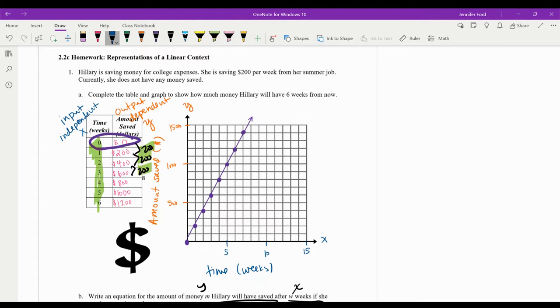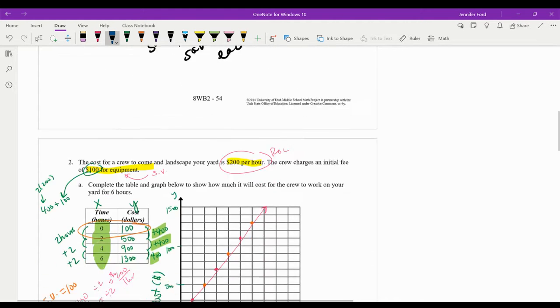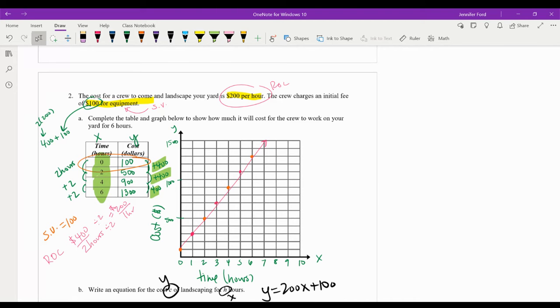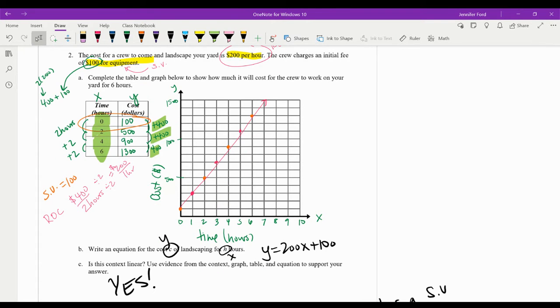But if I wanted to skip to go from 4 weeks to 6 weeks, from 800 to 1200, that is adding 400. I don't really have space for that, but that's okay. So it is the same rate of change. It's just because the weeks for the landscaping problem is going up by 2. The corresponding Y value is going up by double the rate of change because the time in hours is going up by 2 every time.